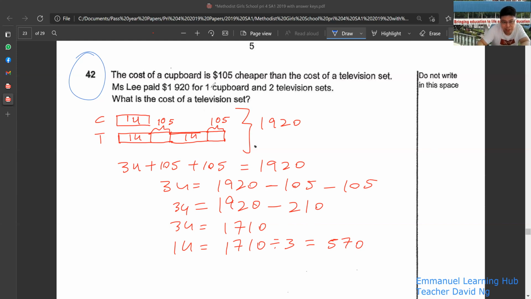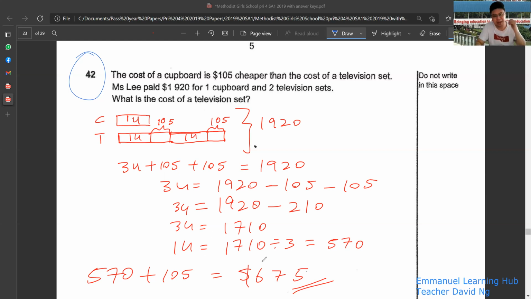Cost of a television set. So a TV is 1 unit plus 105. So 570 plus 105 is equal to 675. The cost of TV is 675.